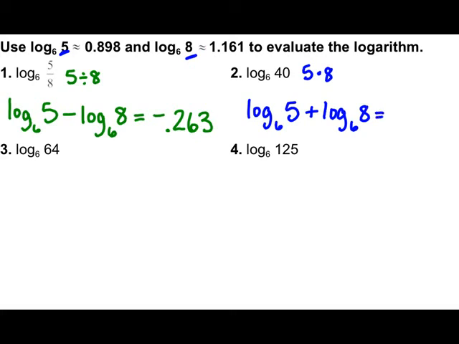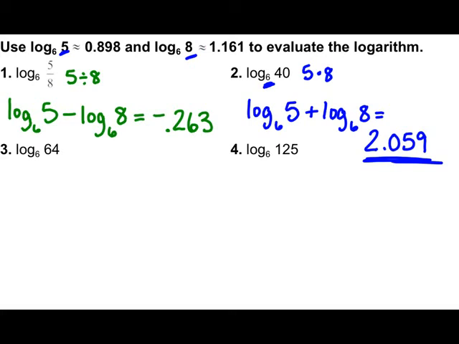Now, what happens when you do that is you have two values that you're going to add together. So 0.898 plus 1.161 yields a solution of 2.059, which is my missing exponent. 6 to approximately this value will be about 40.